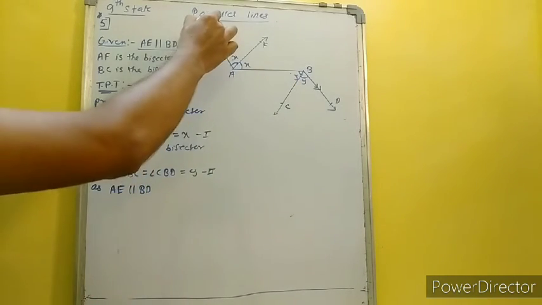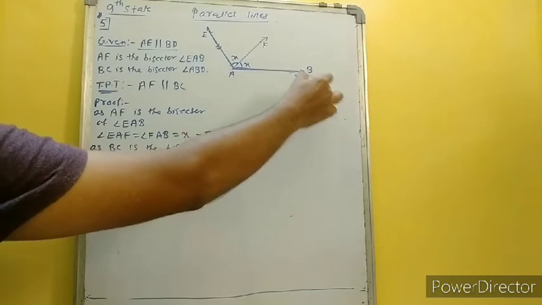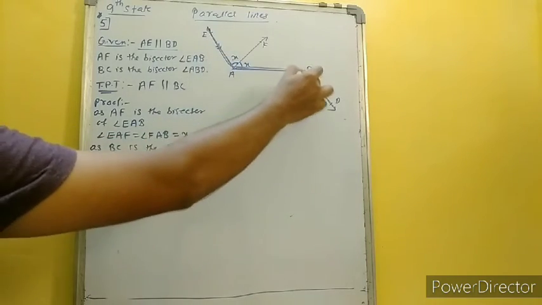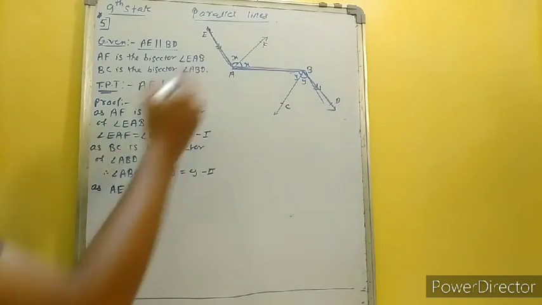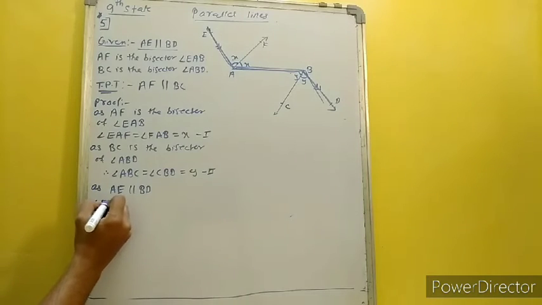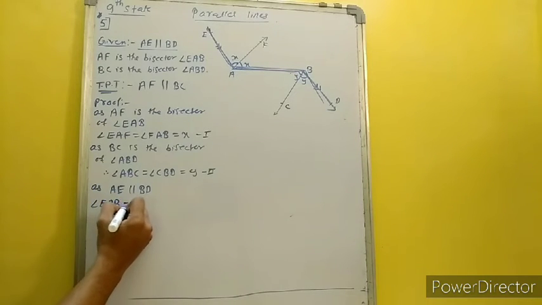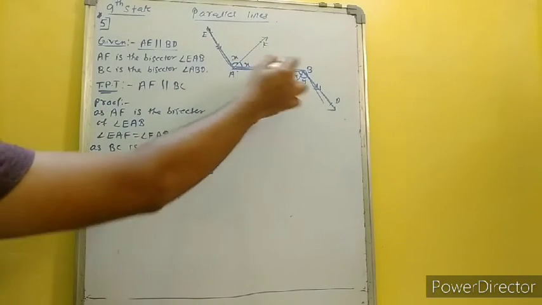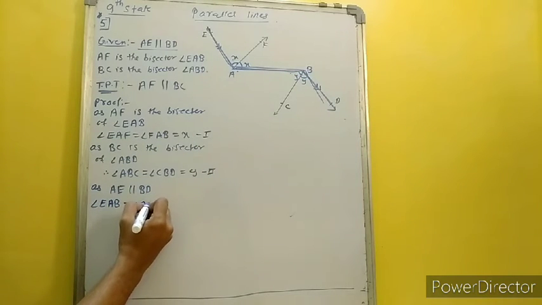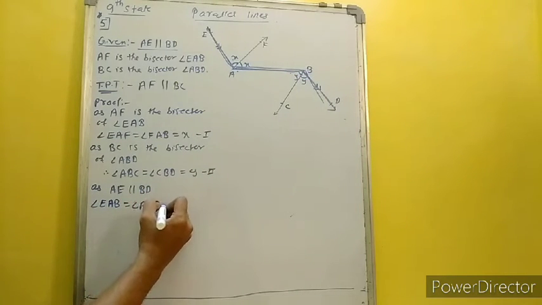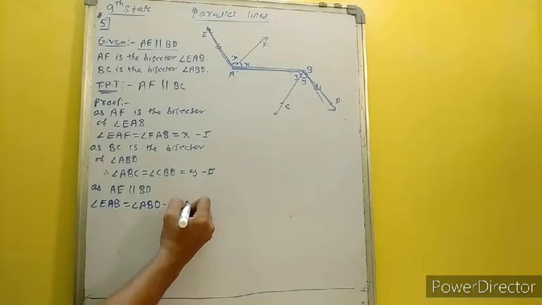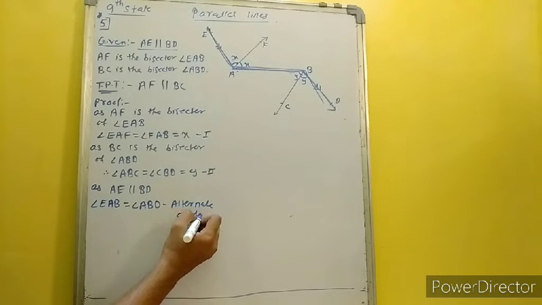So angles forming Z are equal. Okay, angles forming Z are equal. That is, EAB is equal to ABD, alternate angles.